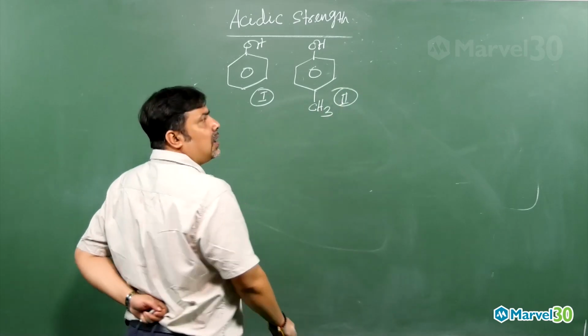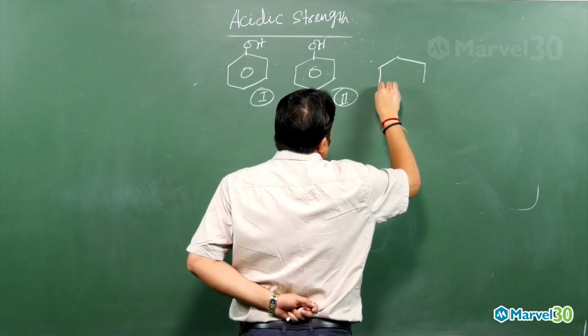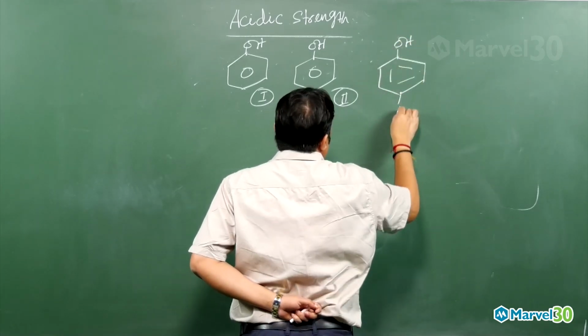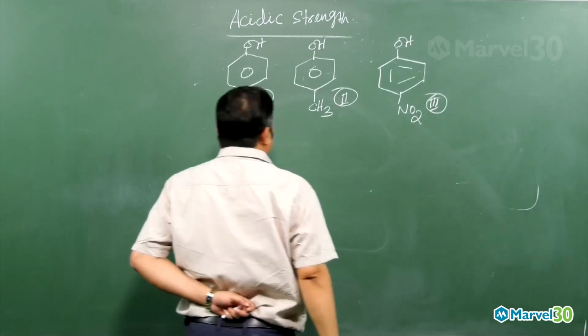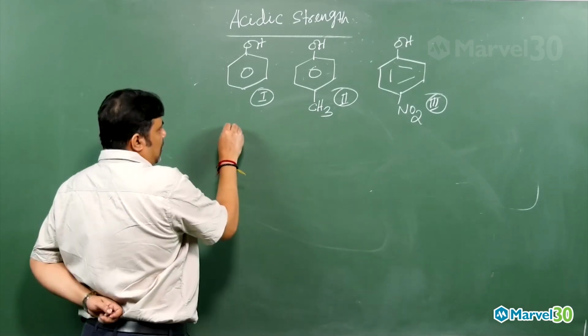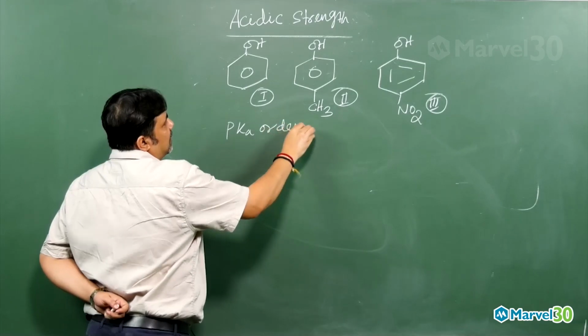This is actually called a cresol. And in structure 3, I am giving a nitro group. Now look at structure 1, structure 2 and structure 3. What will be the pK order? The pK order is what they asked in the question.